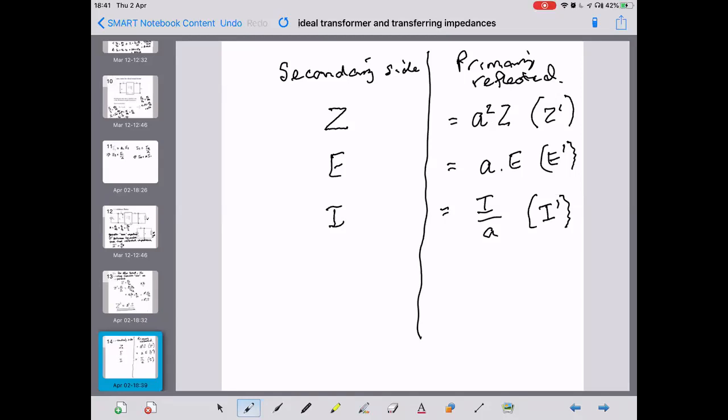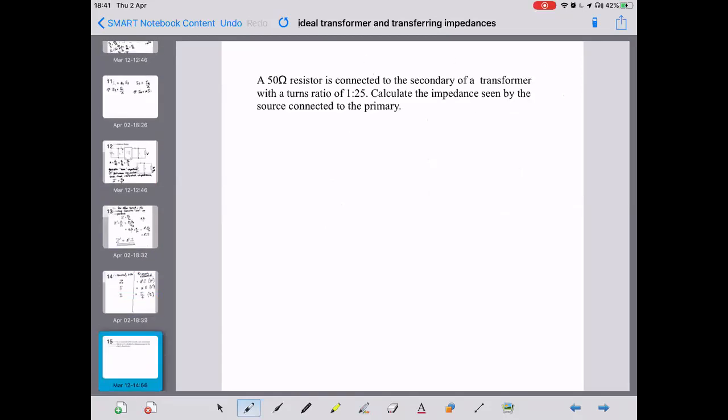All good. Right. Let's have a look at an example. I think we've probably only got 4 minutes left. Oh no, this is only a short one. Should get this one in. Right. A 50 ohm resistor is connected to the secondary of a transformer with a turns ratio of 1 to 25.